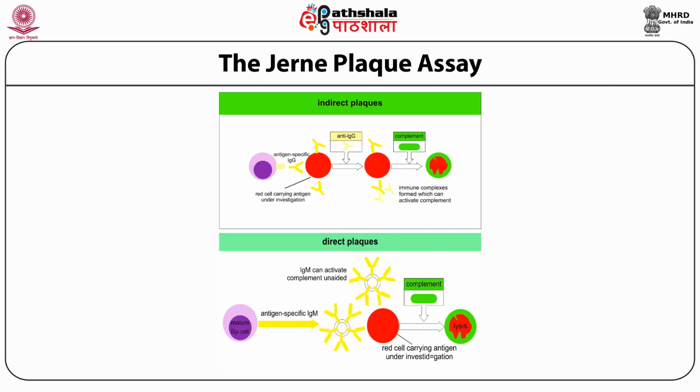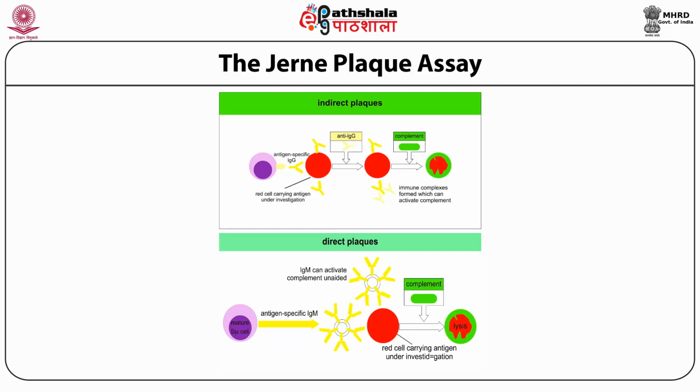This may be a red cell surface antigen, or the red cells may be sensitized with another antigen as in the hemagglutination assay. To detect the IgG antibodies bound to the red cells, it is necessary to add anti-Ig antibody and then complement. Complexes formed on the cell fix complement and produce a zone of erythrocyte lysis around the B cell.